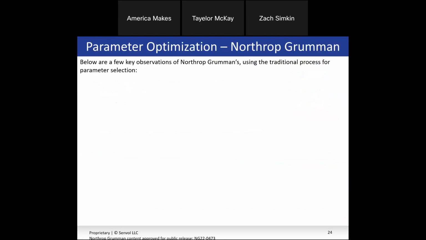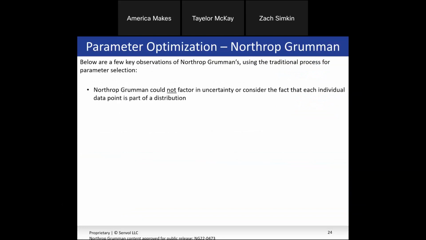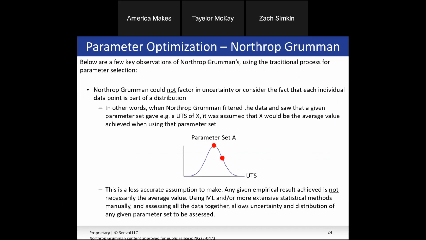So a few things we wanted to highlight as part of this approach is, since we were using purely empirical data, as Zach mentioned, of what Senvol ML takes into account, empirical data doesn't take into account uncertainty of a single data point.